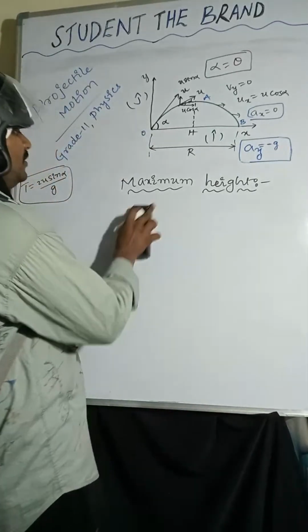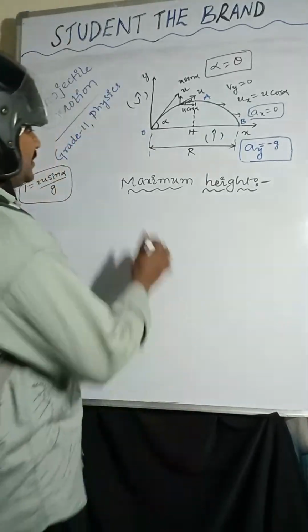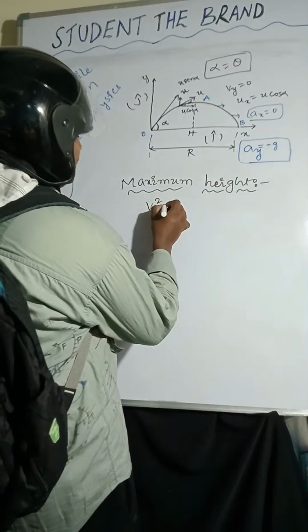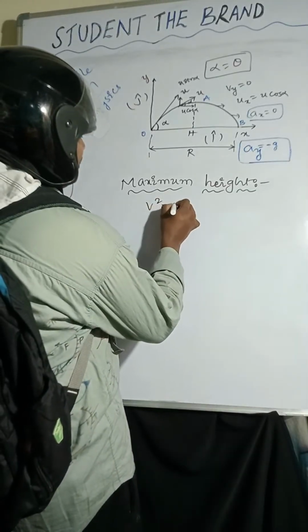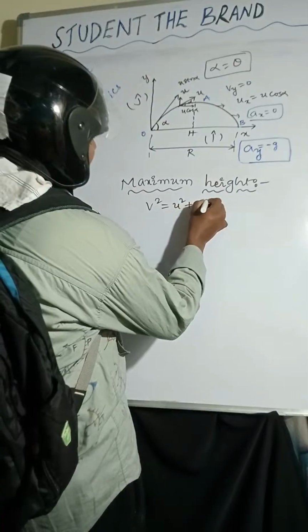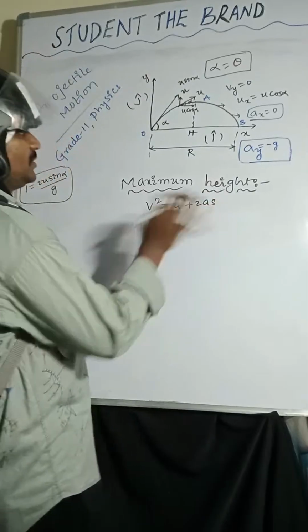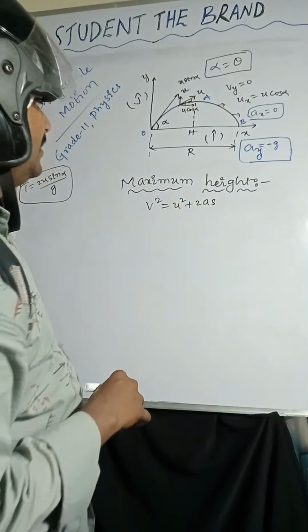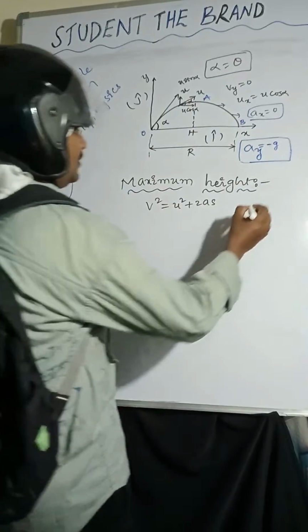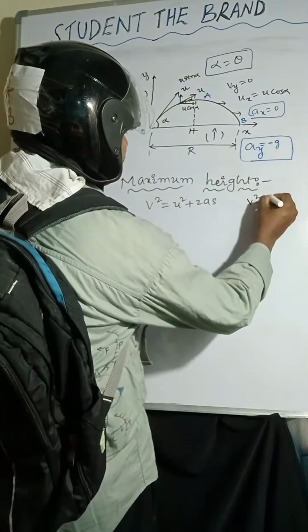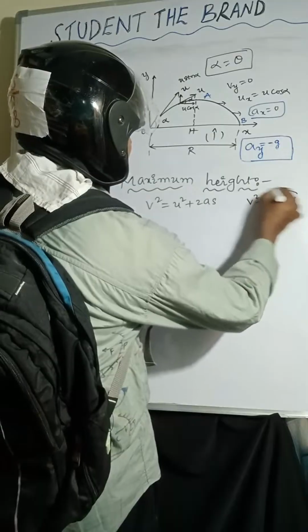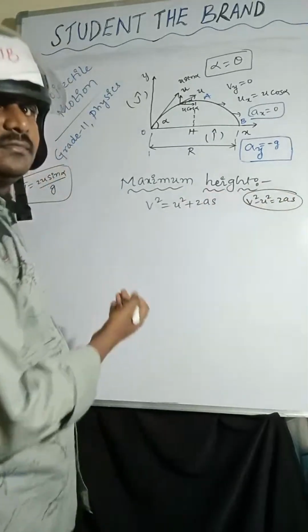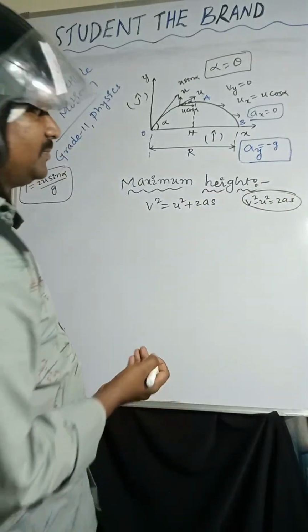Then you will get to know. The main formula is v square equal to u square plus 2as, or v square minus u square equal to 2as also we can write. So we can write v square minus u square equal to 2as. That's fine, right? No problem.